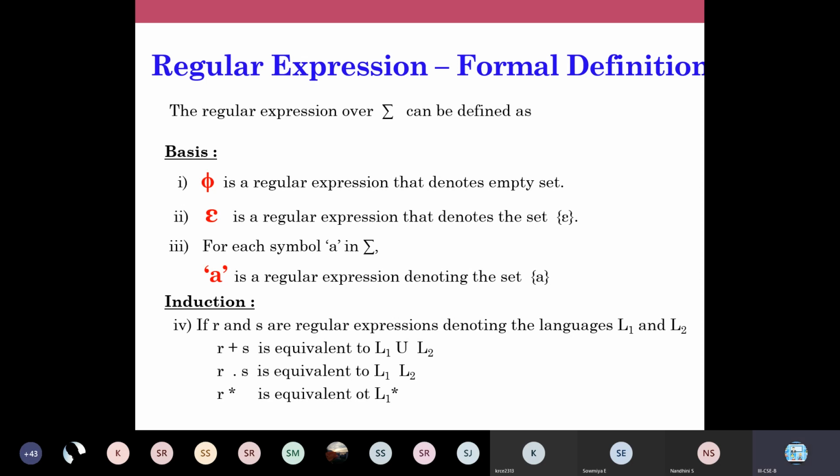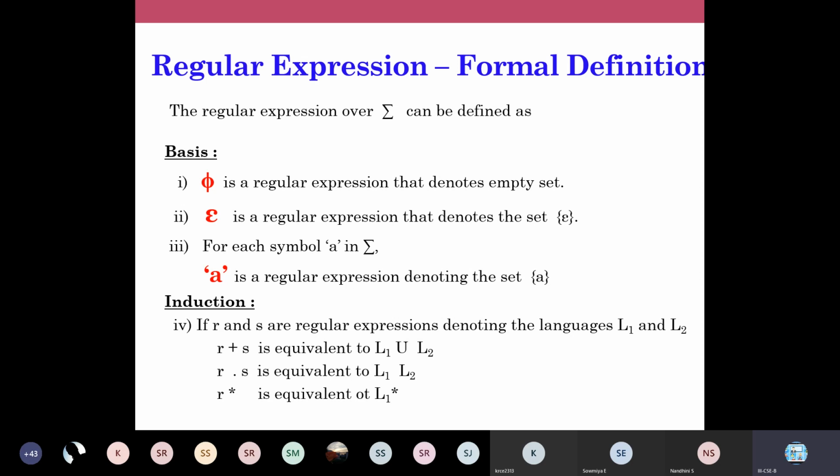Then if I want to concatenate these two languages L1 and L2, imagine L1 has 3 elements and L2 has 2 elements. I want to concatenate all the elements in L1 with all the elements in L2. I'll pick out one element from L1 and concatenate it with all the elements in L2.